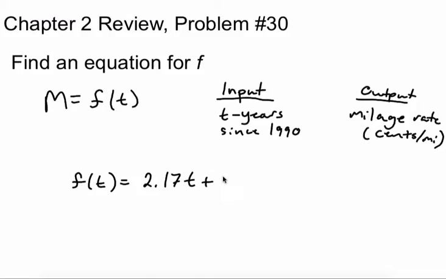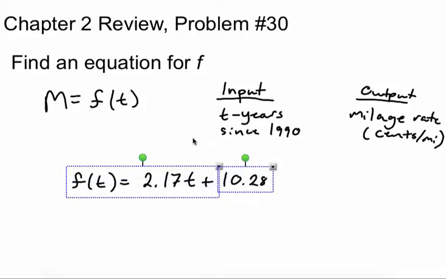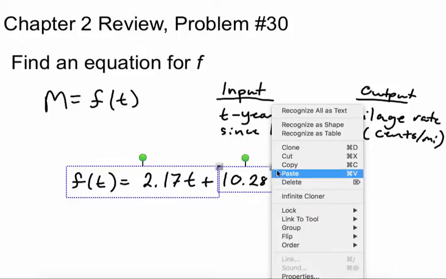I think that will be fine, keeping my decimals rounded to the same place. So in answer to the first part, find the equation for f of t, that would be it. Again, input t years since 1990, and it will output the estimated mileage rate for that given year. Let me copy this. We're going to use it in the next slide.